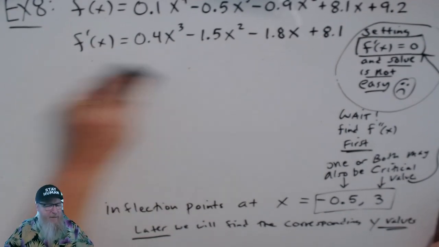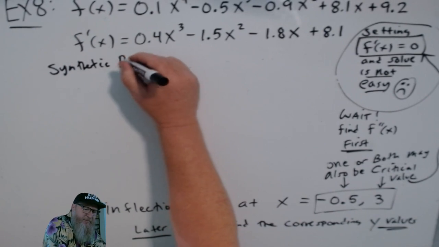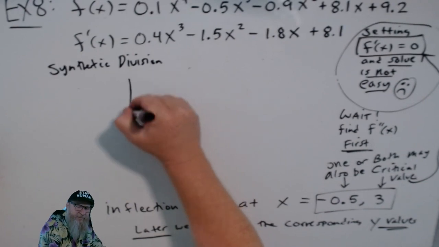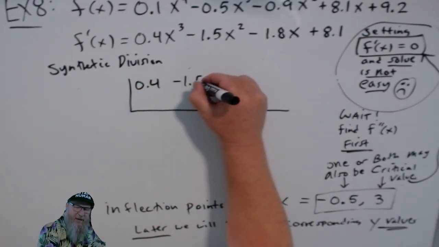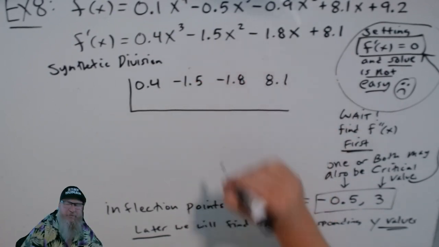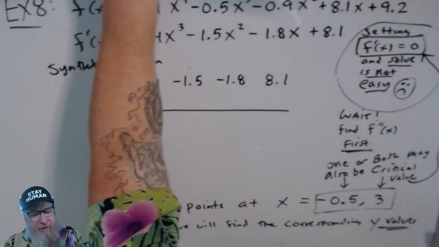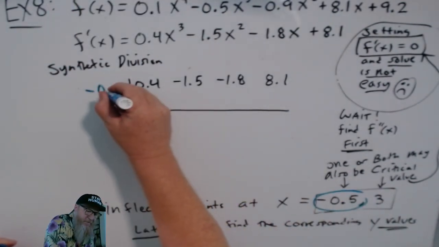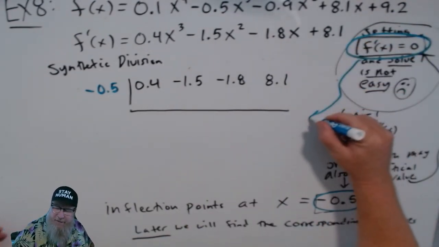So let's try. We're going to use what's called synthetic division. If you haven't done this in a while, well, this is just in time for this course. The first time we've needed it at all this course. So let's try negative 0.5. We're trying to find if the derivative is 0.